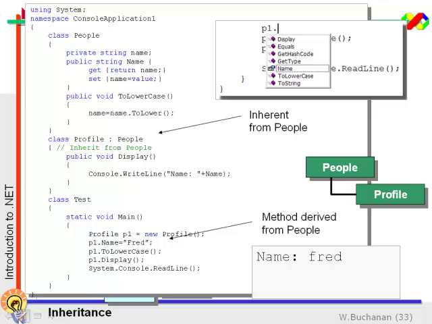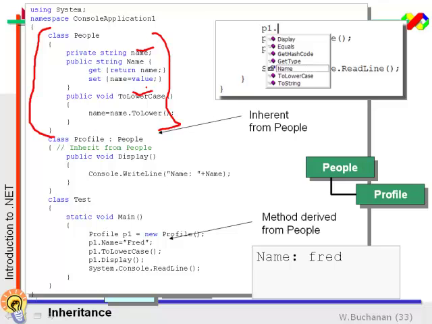With this, we might have a class. In this case, we've defined a class called people, and people have a name, and they might have a method to lowercase, to convert their name to lowercase.